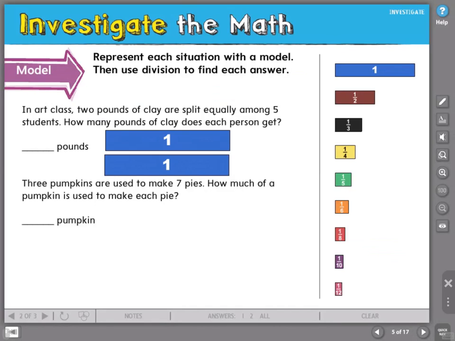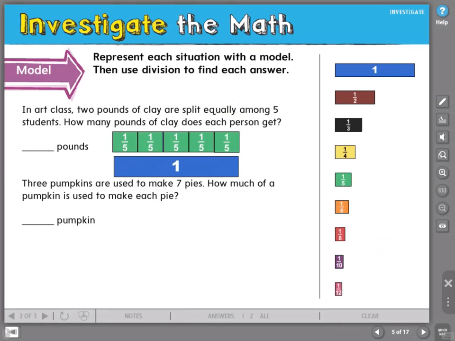Well, here I have 2 whole pounds of clay. The one here represents a whole, and I have 2 whole pounds of clay. But I'm going to split these pounds of clay equally among 5 students.